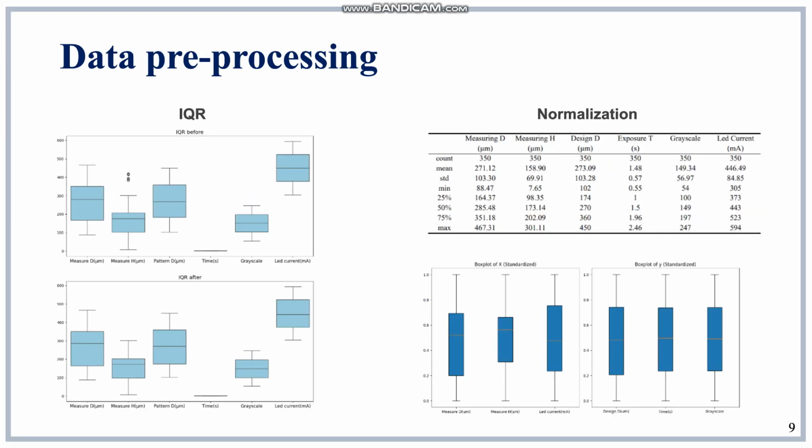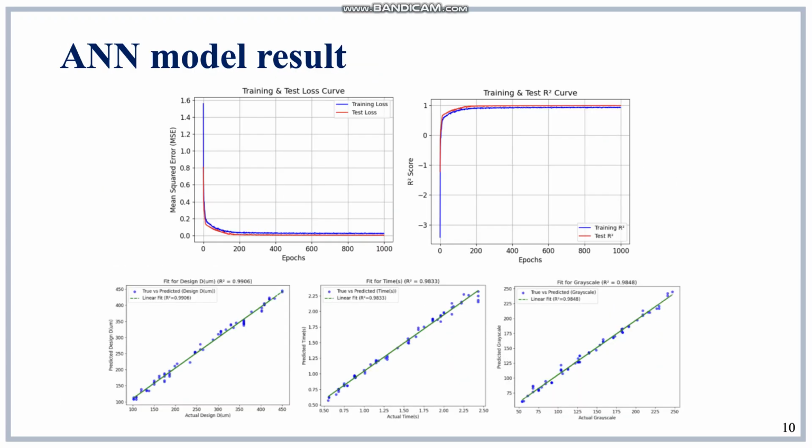Next, outliers were removed using the IQR method, and features were scaled using min-max normalization. This step ensured model stability and faster convergence during training. Finally, we trained the neural network to predict lens parameters and height based on input parameters like grayscale, exposure time, and LED current.